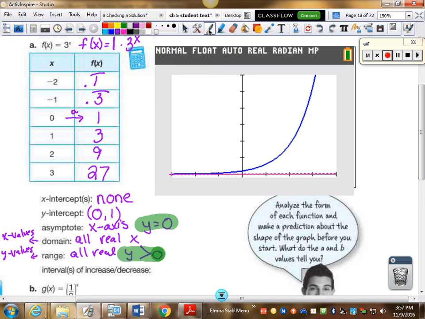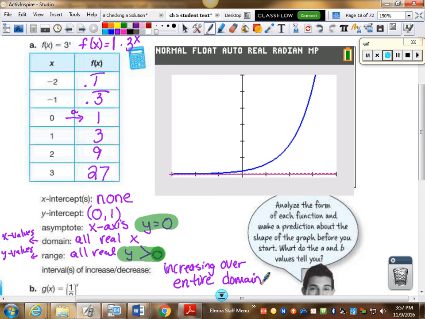Interval of increase or decrease. Well, exponential functions are always either increasing, as this one is doing, or decreasing. So if it's always increasing, then we say the interval is increasing over the entire domain.